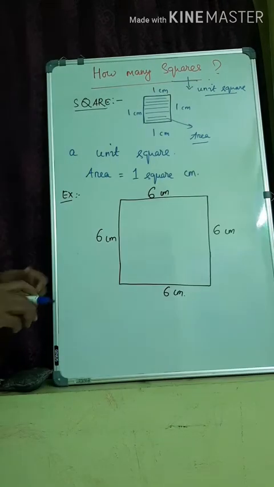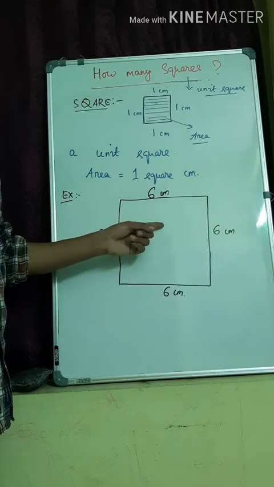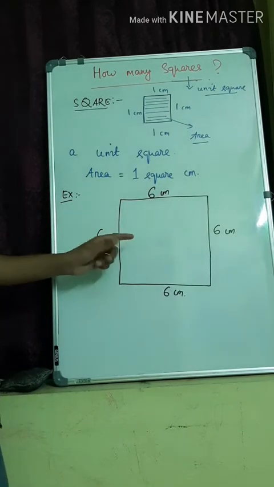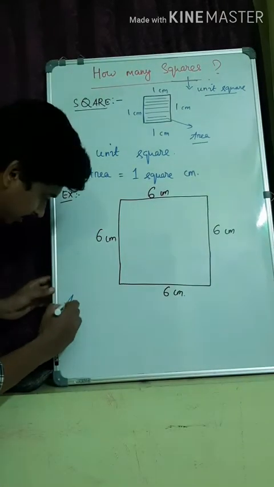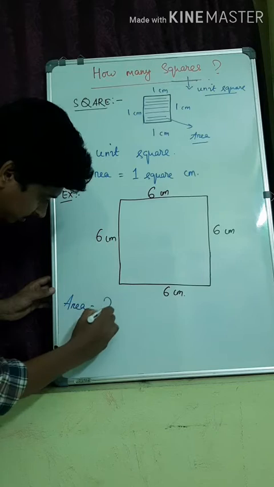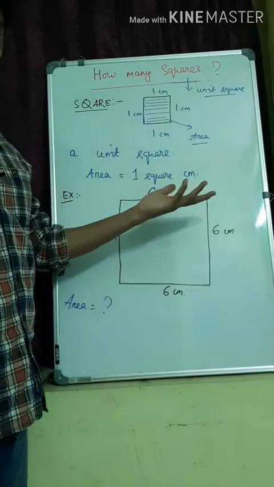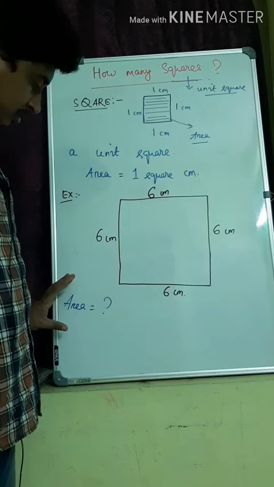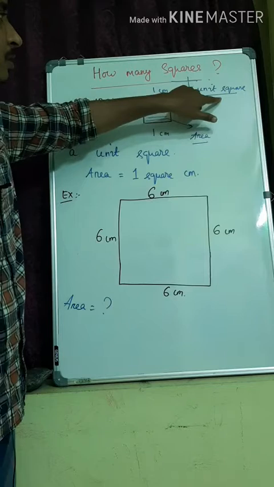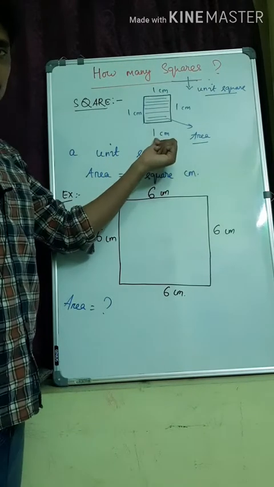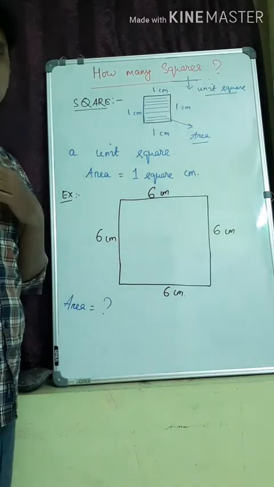So children, here the second question, example 2: you are given a square having each side 6 centimeter. What will be its area? The same process, children. Area means we have to find out how many unit squares of 1 centimeter can be arranged in this big square.